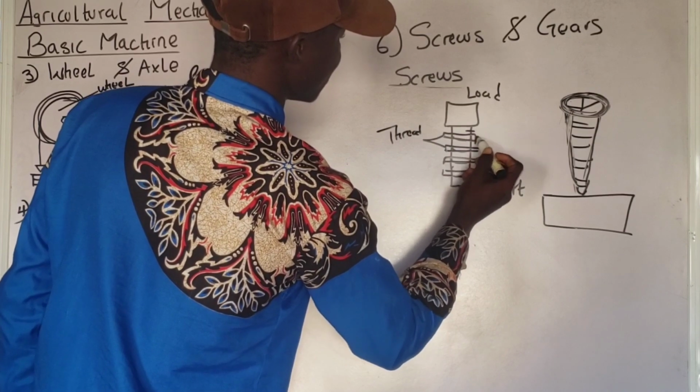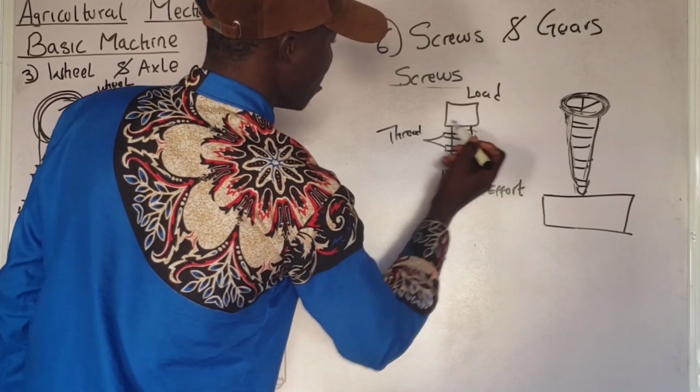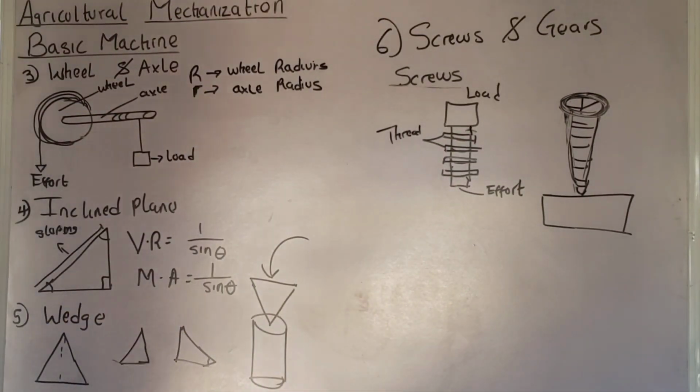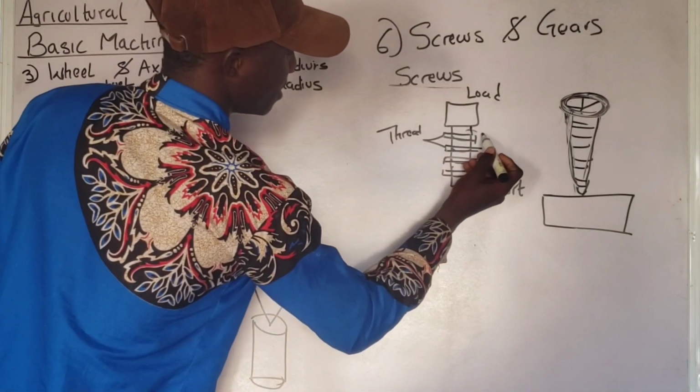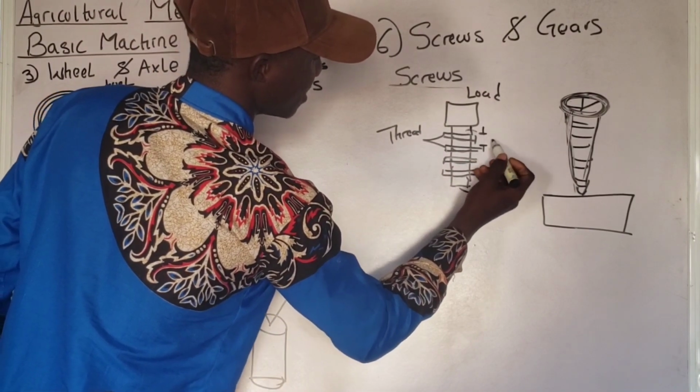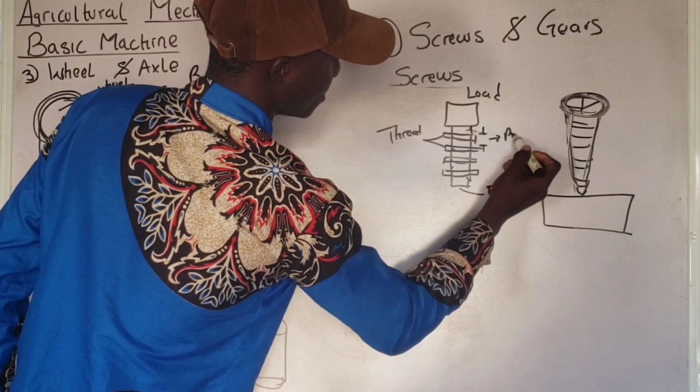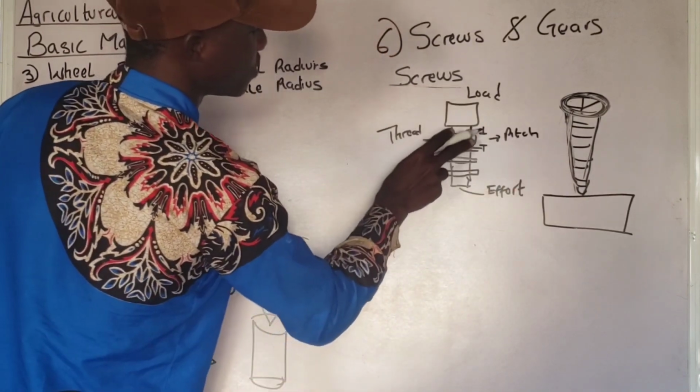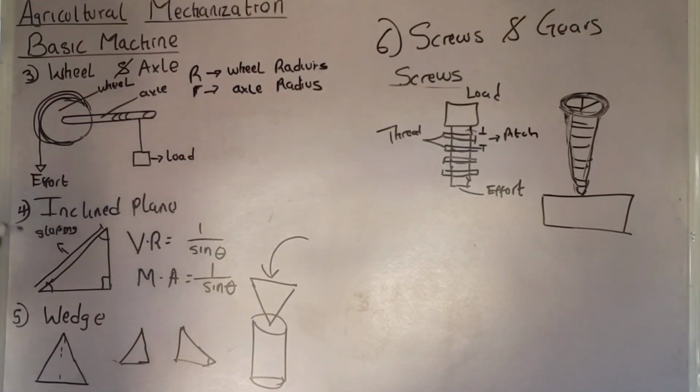Please pay attention. The thread is where I just drew. Now the pitch is the distance between this place and this place. Don't worry. As we delve into this course, I'm going to explain. By the time we start the calculation under each basic machine, you are going to understand better.